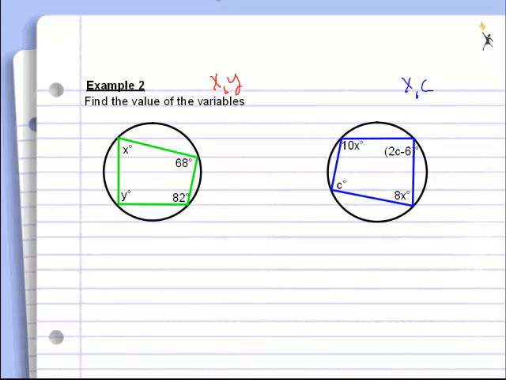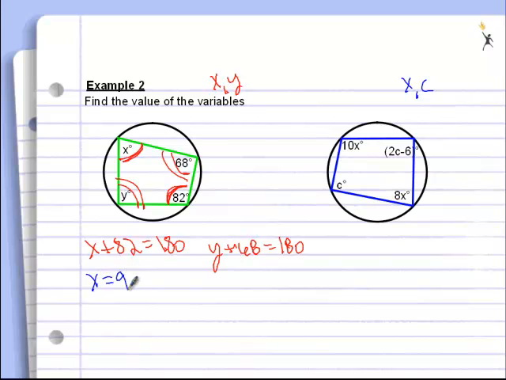And inside an inscribed quadrilateral, opposite angles have to be supplementary. Which means that if I add up x and 82, it has to equal 180 degrees. And if I take y and 68, it should equal 180 degrees. Real simple subtraction tells me that x equals 98 degrees and y equals 112 degrees.